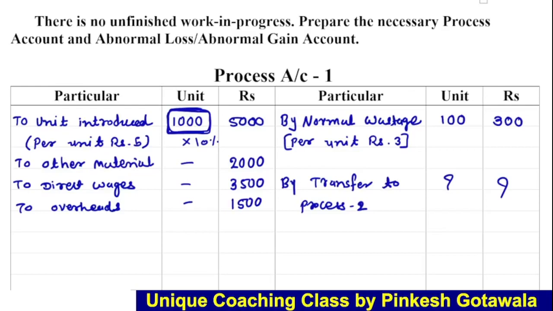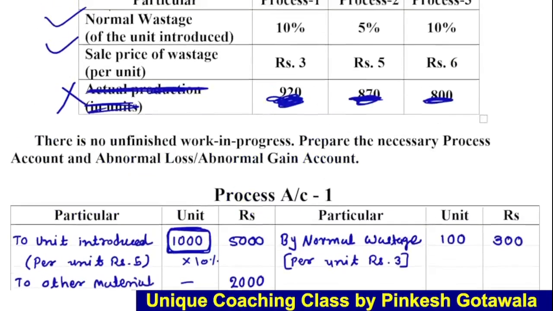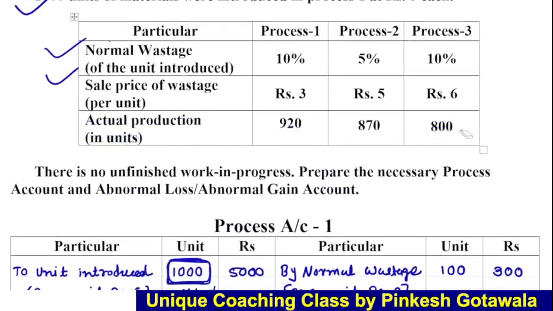But in this question they give actual production, and remember, if in a question you get actual production, it means there must be abnormal loss or abnormal gain.